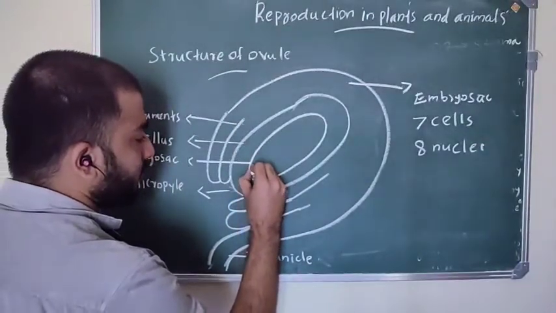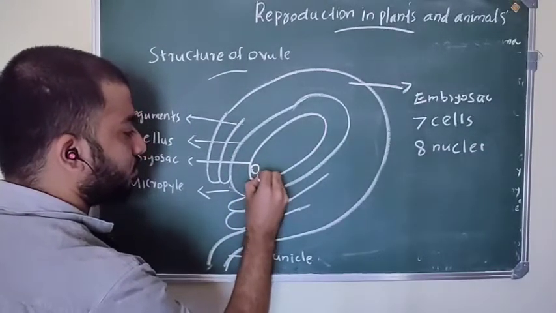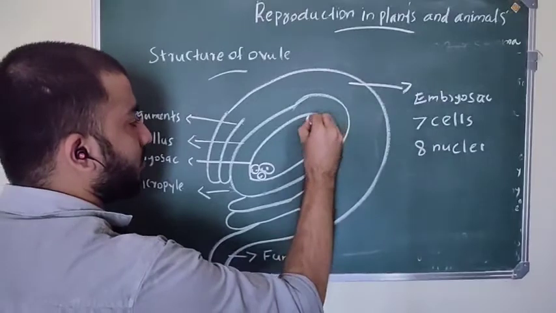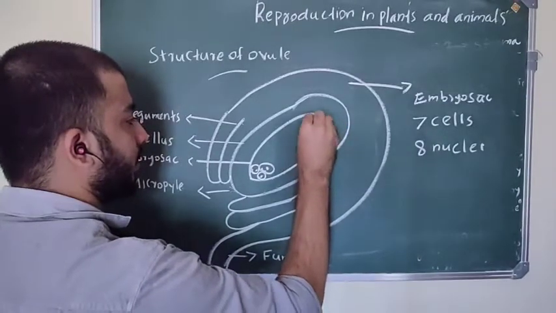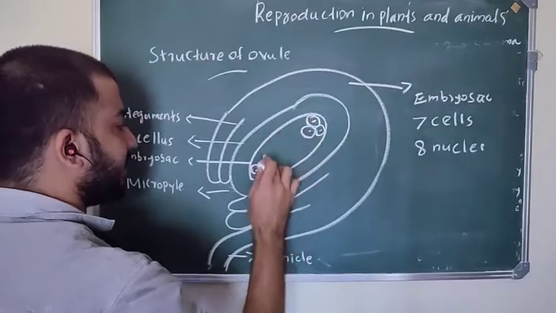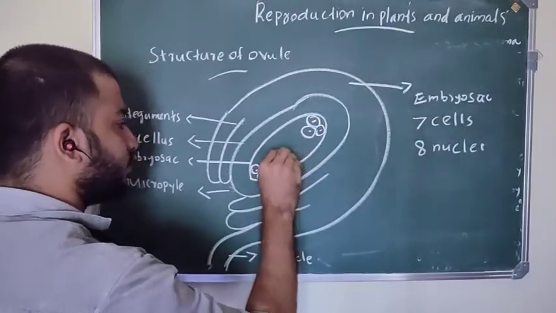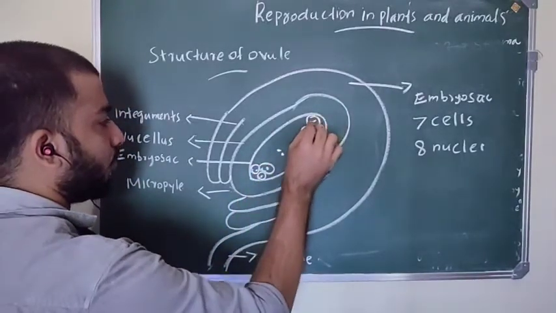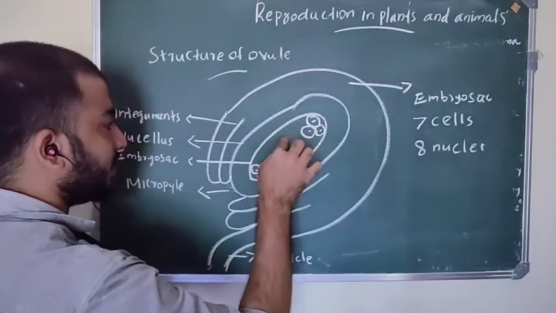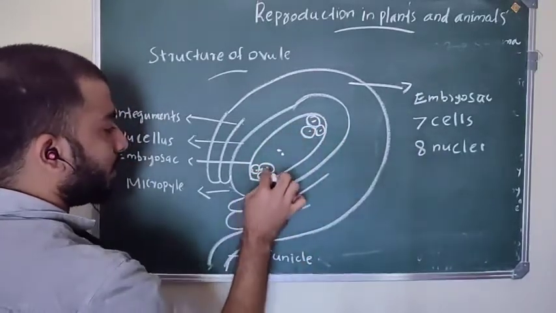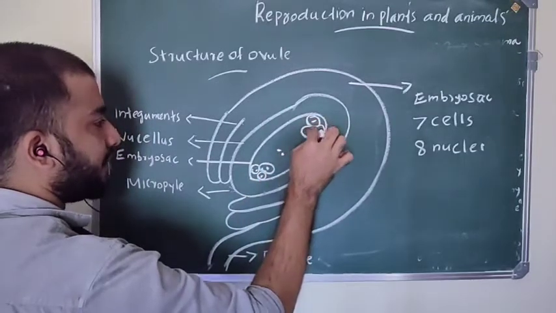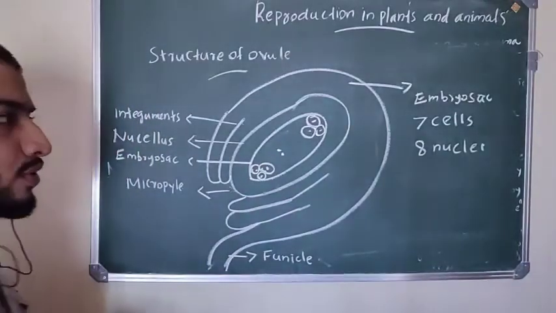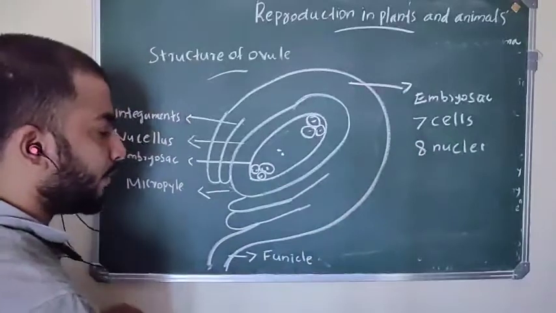These are the cells 1, 2 and 3. 3 cells here, and this is a cell, and inside that cell 2 nuclei are found. Total 7 cells: 1, 2, 3, 4, 5, 6, and this is cell 7. Total 8 nuclei: in these cells 1, 2, 3, 4, 5, 6, and in this cell there are 2 nuclei. So the embryo sac contains 7 cells and 8 nuclei.